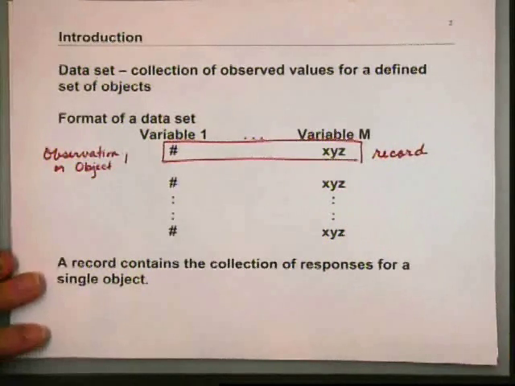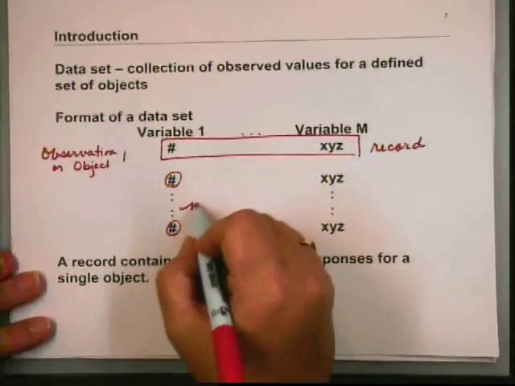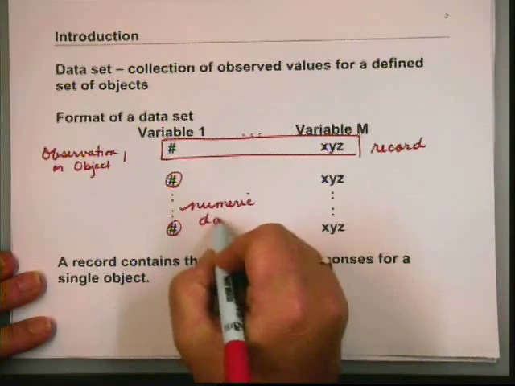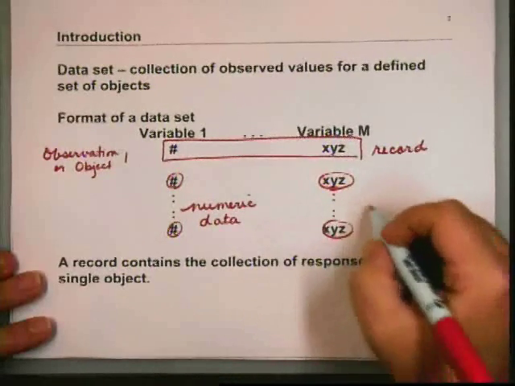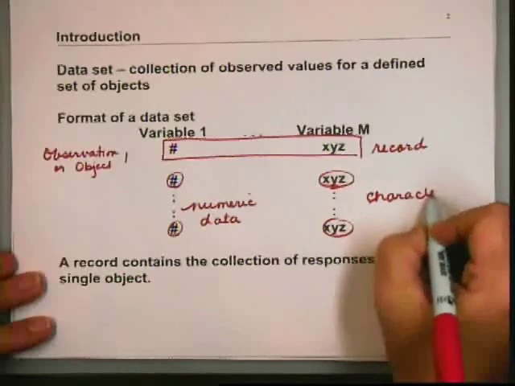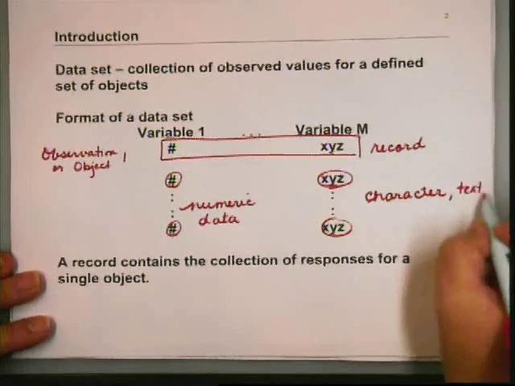Okay. What I mean by these kinds of symbols here is that we're talking about numeric data. Data could also be character. Some references will refer to it as text or string.